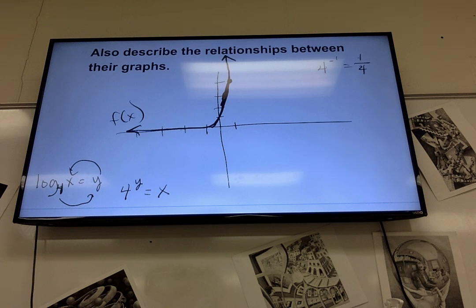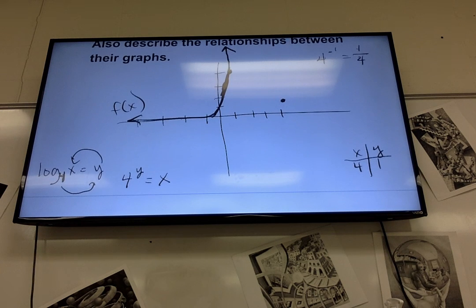If y is 1, what's x? 4. So that's 4, 1. If y is, say, 0, remember anything to the 0 power is 1. So that's 1, 0.